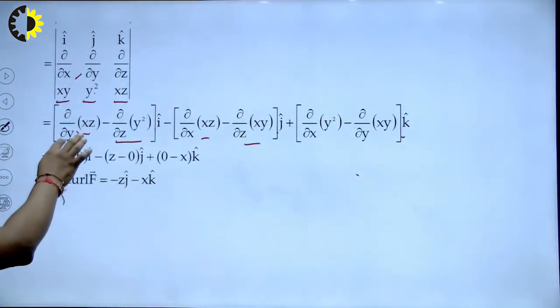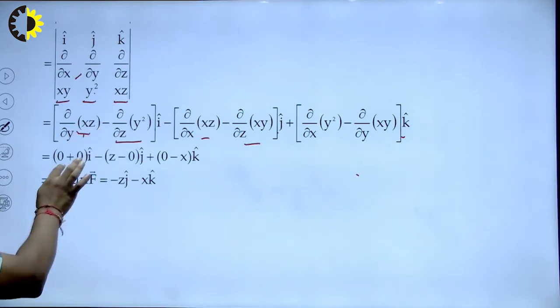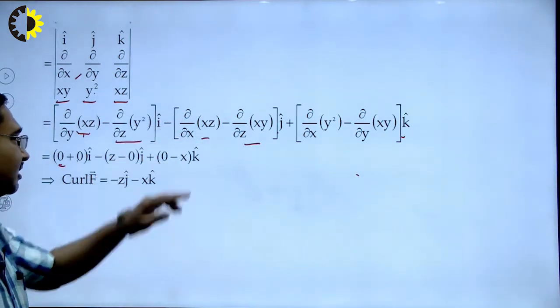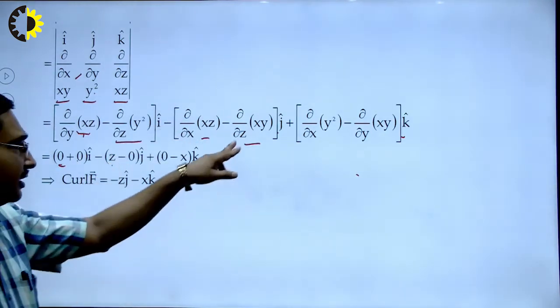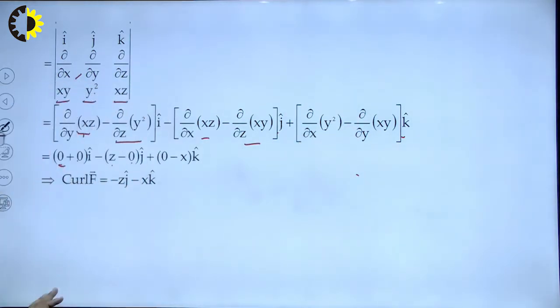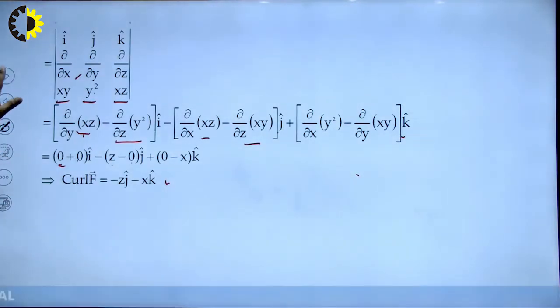This term not having y, so 0. This term is not having z, again 0. This term gives z. Next term gives 0. And similarly, third term, this is the value of curl of f for given function.